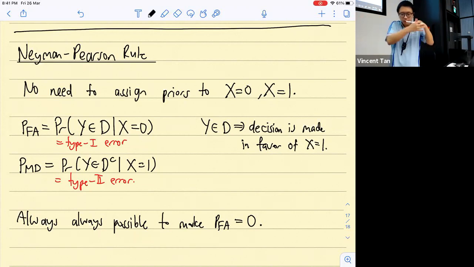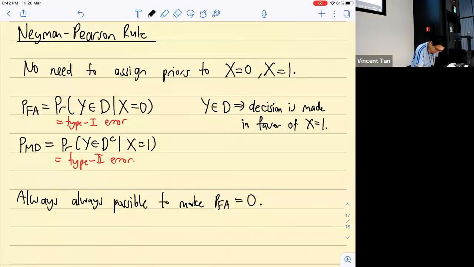When we are faced with two things that we want to make small, then we have a headache, because we cannot have two objective functions. We can have one objective function that we try to use a variety of optimization algorithms to make small. But if we have two things, we cannot make two things small simultaneously. So here I've made one thing small, just by declaring that everyone does not have COVID. Everyone can walk around. So what do I mean by P_FA equals 0? I mean that we will take D equals the empty set.